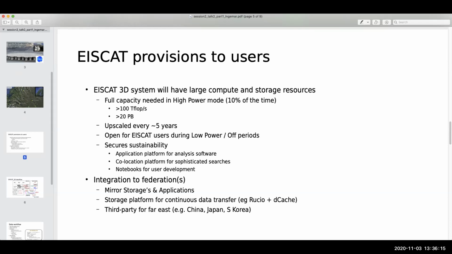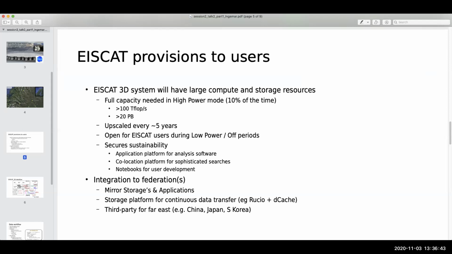That also secures the sustainability, because then we have all the resources within our control, so to speak. But of course we need to integrate this with the federations, and so we need mirrors in the federated cloud storage, both for storage and for the applications.